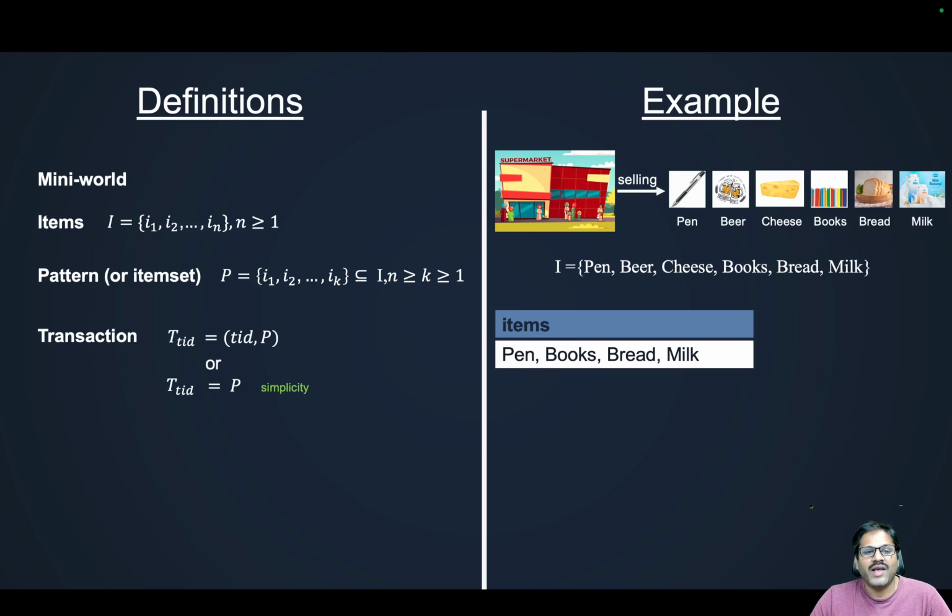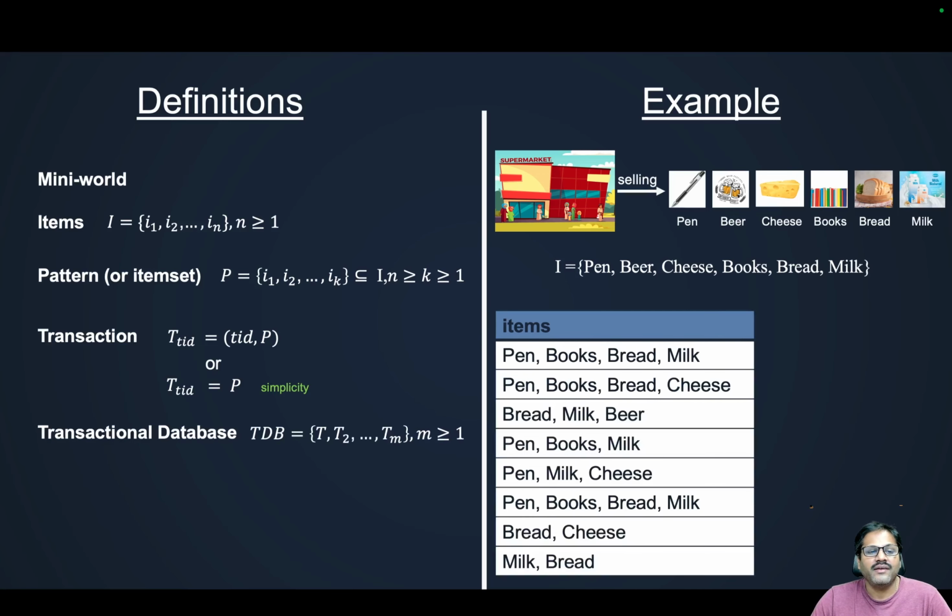So here we have shown you one transaction. If we add the purchases of multiple customers, then we get the transactional database. In this database, hidden patterns exist and we have to discover them.